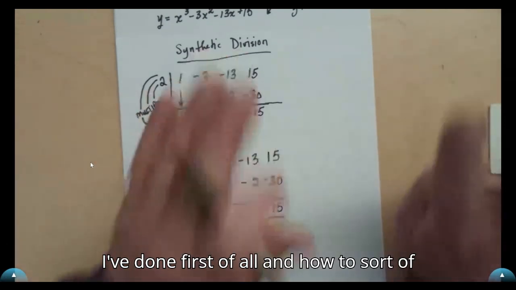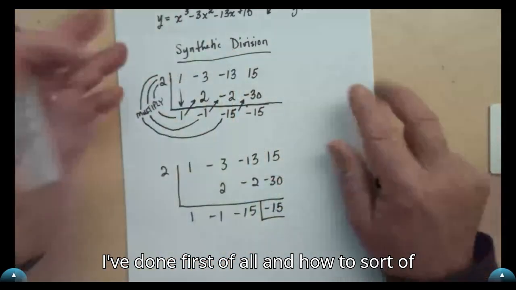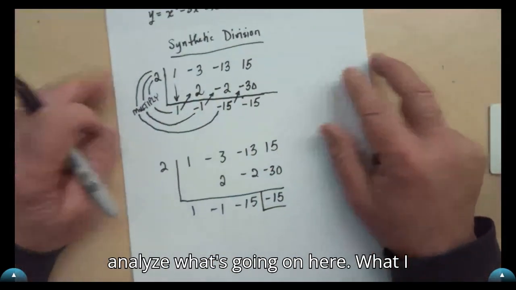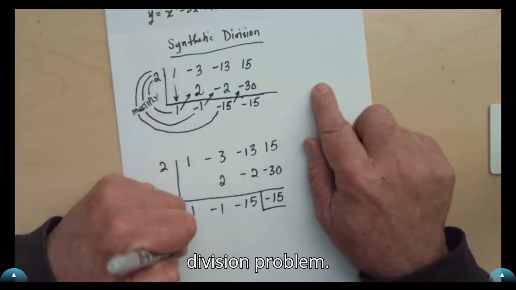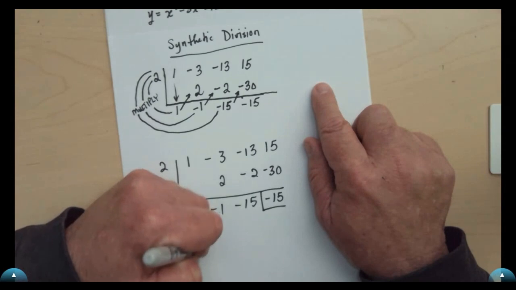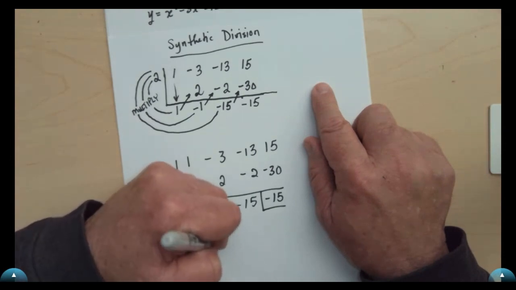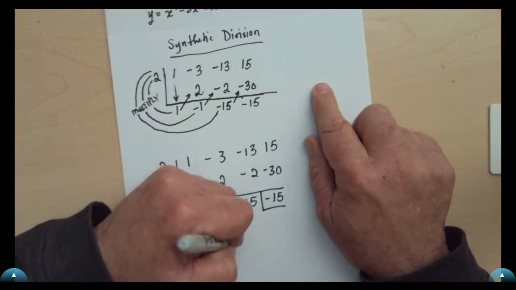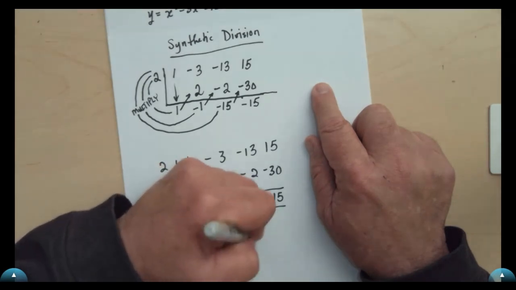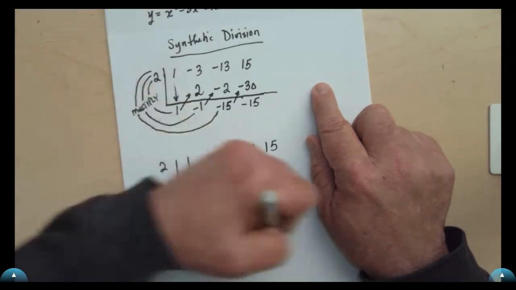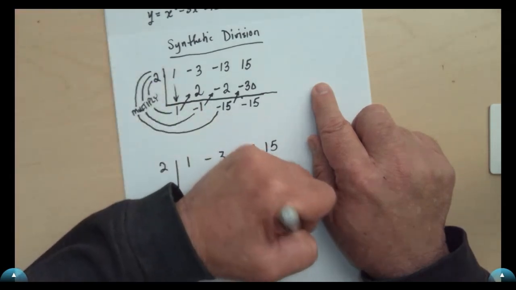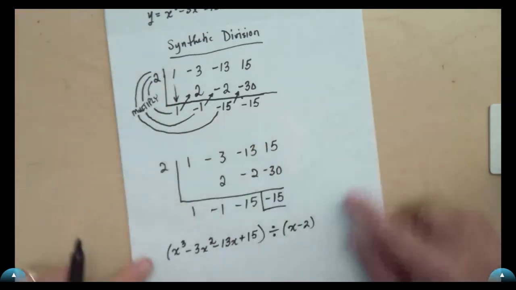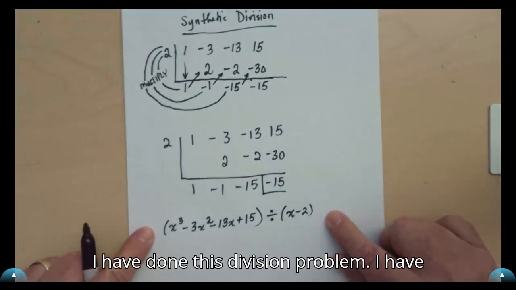So let me tell you what I've done, first of all, and how to analyze what's going on here. What I have really done is I have done this division problem.